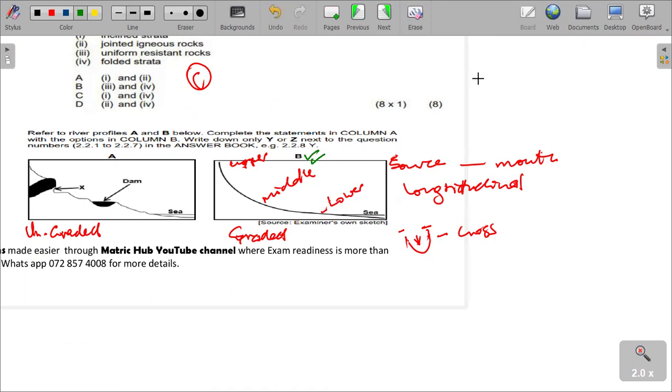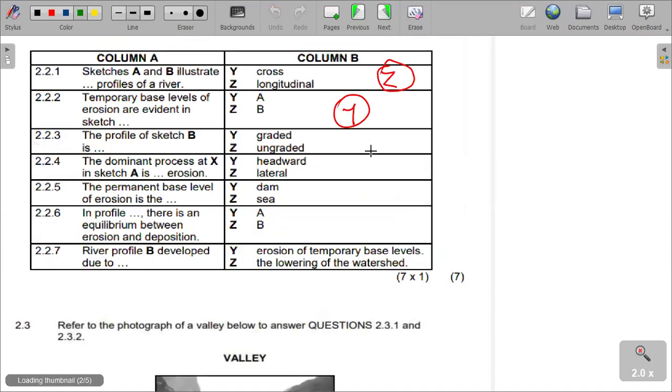So the profile of sketch B is graded, which is Y.